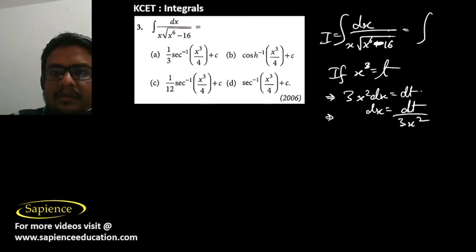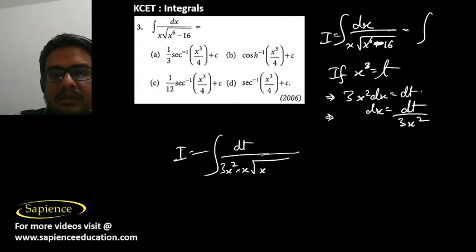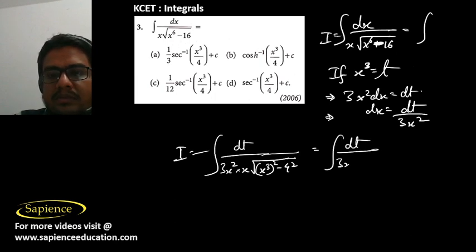So therefore this integral I can be written as integral dx, which is dt by 3x square into x into root over x power 3 whole square minus 4 square. So this can be written as integral dt by 3x cube into root over x cube whole square minus 4 square.